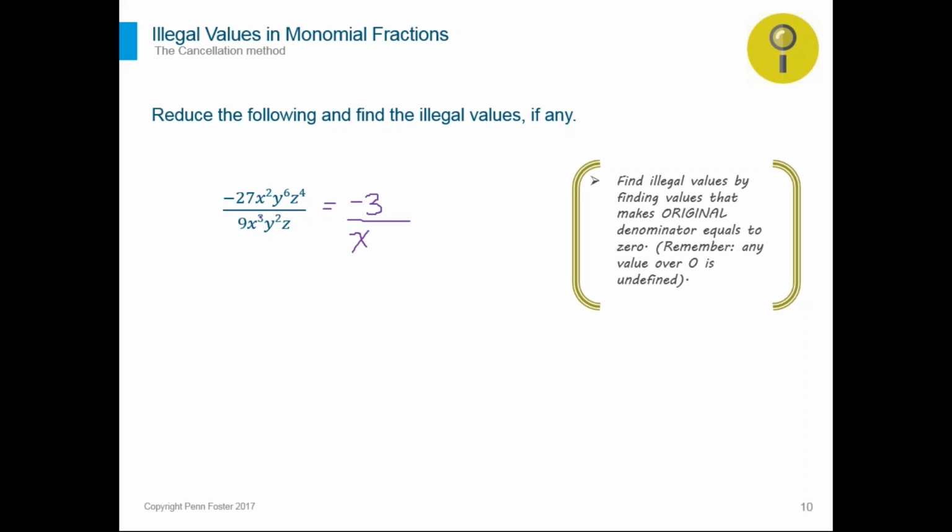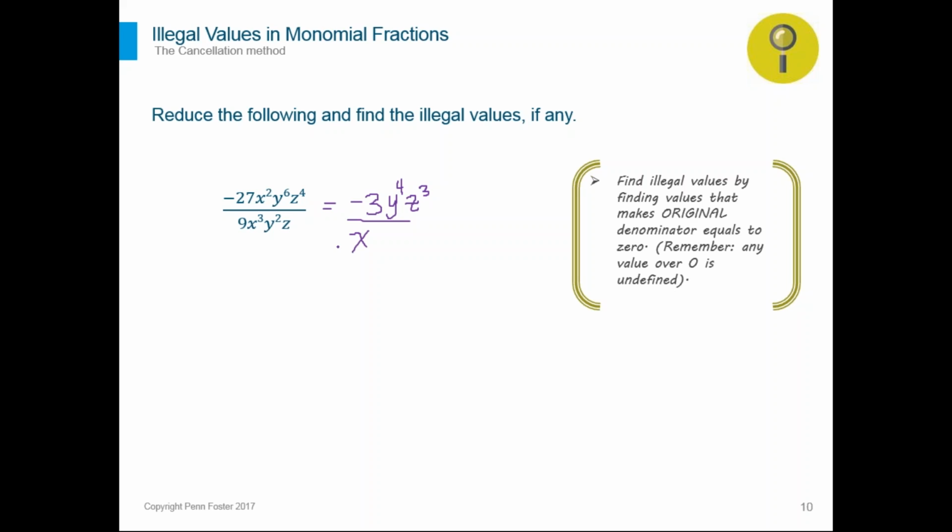So x to the negative 1 means the x to the first exponent has to go in the denominator. The negative exponent just makes the variables switch to the denominator with a positive exponent. Y to the sixth and y to the second, 6 minus 2 is 4, so y to the fourth is going to be on the top. And then z to the fourth over z, that would be z to the third. So this is how you reduce the fraction another way, just by dividing.